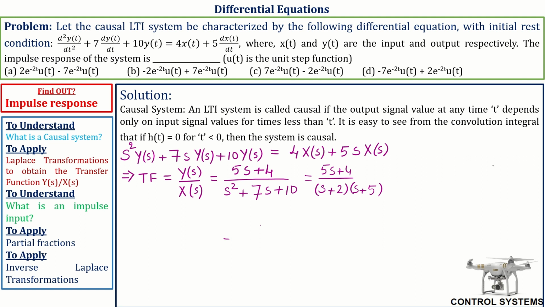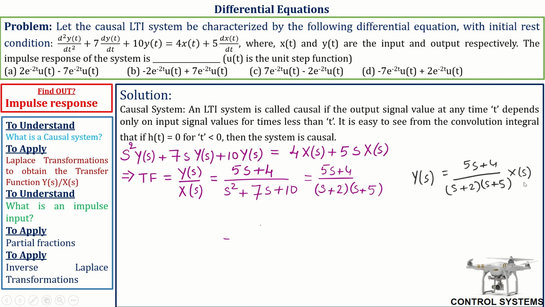Before going to the impulse response, we will partition our denominator into factors s plus 2 into s plus 5, which gives s square plus 7s plus 10. Just rearranging this transfer function's denominator, and cross multiplying x of s to the other side, y of s is 5s plus 4 by s plus 2 s plus 5 into x of s.